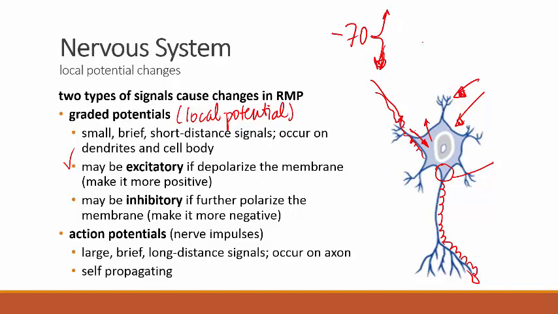So we have to increase from minus 70 up to minus 55. That's a 15 millivolt difference in the positive direction. We have to get the axon hillock to get to that.